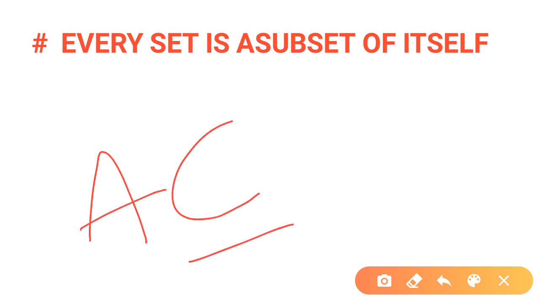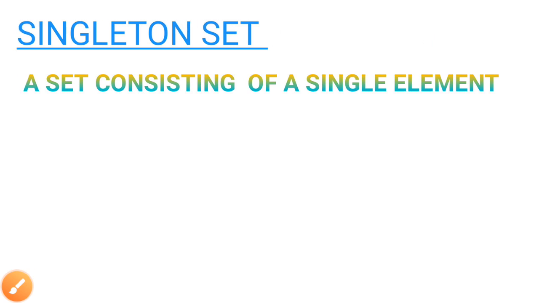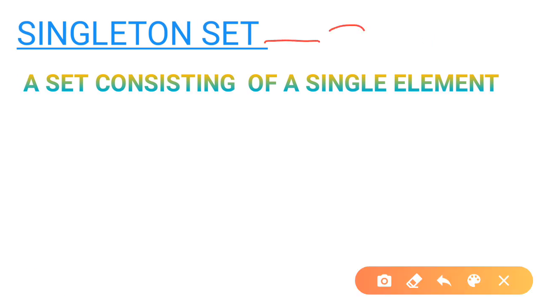A is a subset of A, B is a subset of B, and C is a subset of C. So if it is a set, it is a subset of itself. So next, the second type.